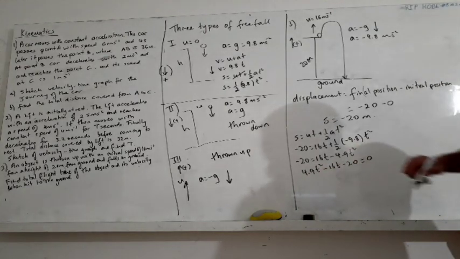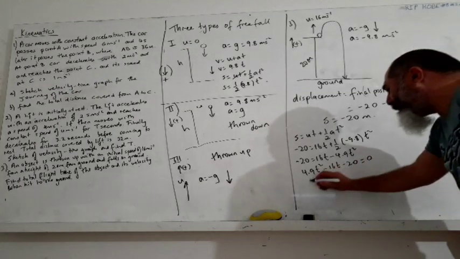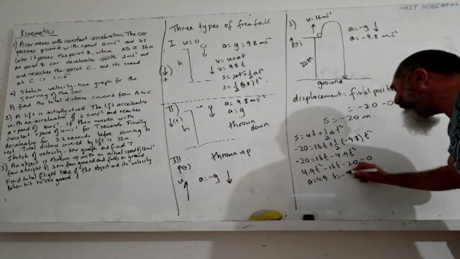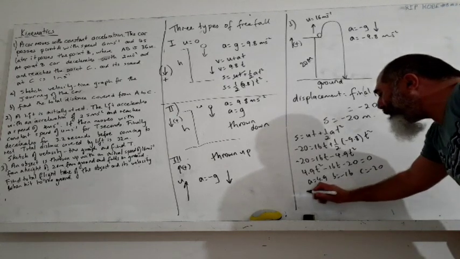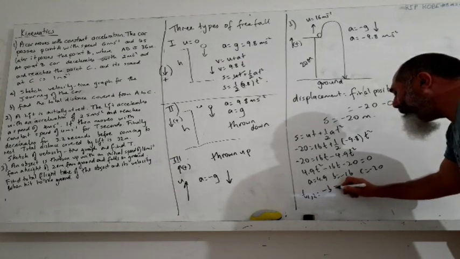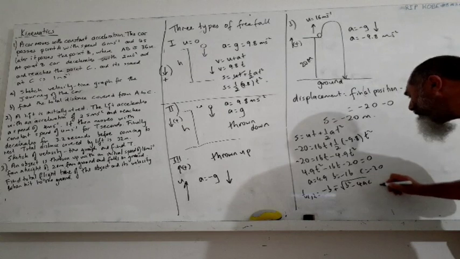And as you see, we have a quadratic equation here. By solving this quadratic equation with the quadratic formula, A is 4.9, B is minus 16, C is minus 20, and the root formula is t equals minus B minus or plus the square root of B squared minus 4AC, divided by 2A.